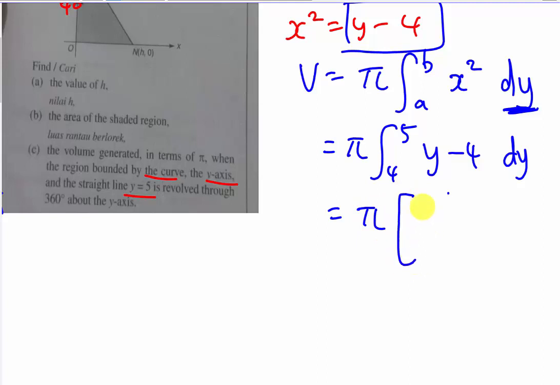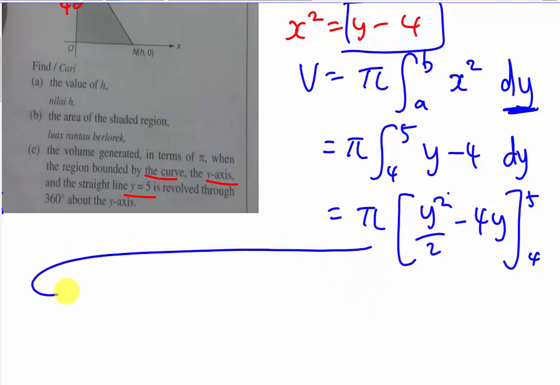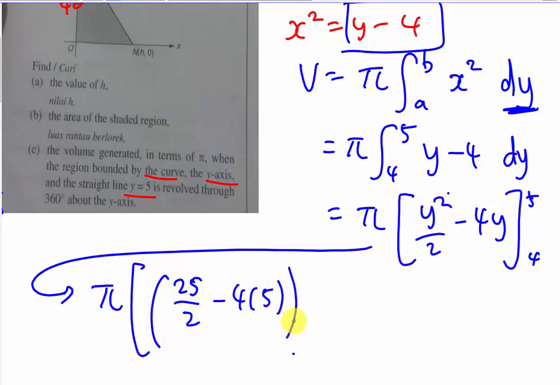So it's simple. This is y squared over 2 minus 4y, and then my limits are 4 to 5. Pi you leave outside, and then you substitute 5 into y, which is 25 over 2 minus 4 times 5. Then you substitute 4 into y, which is 16 over 2 minus 4 times 4. Then use your calculator to do the rest.